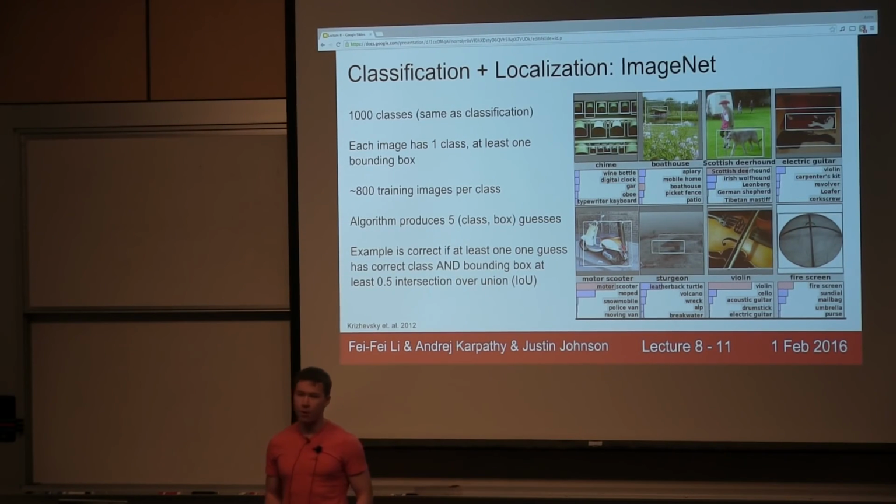At test time, your algorithm again makes 5 guesses, where instead of just class labels, it's a class label together with a bounding box. To get it right, you need to get the class label right and the bounding box right, where getting a bounding box right just means you're close in something called intersection over union that you don't need to care about too much right now. So again, for ImageNet at least, you get it right if one of your 5 guesses is correct. This is the main data set that people work on for classification plus localization.